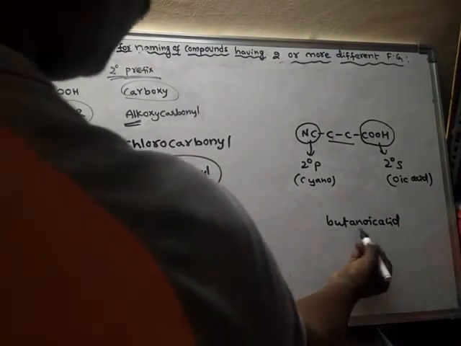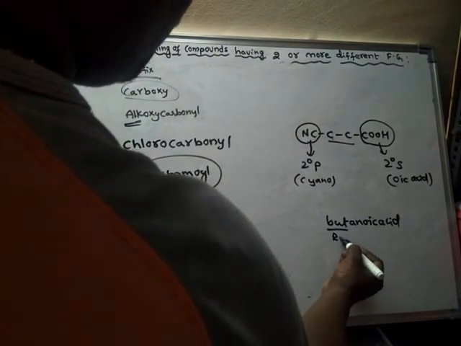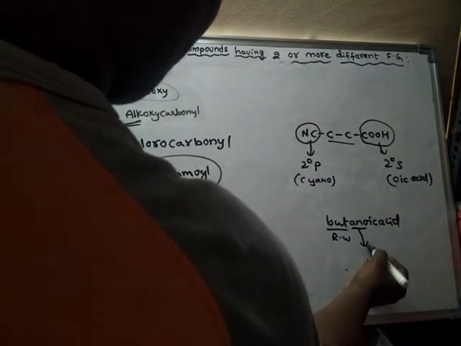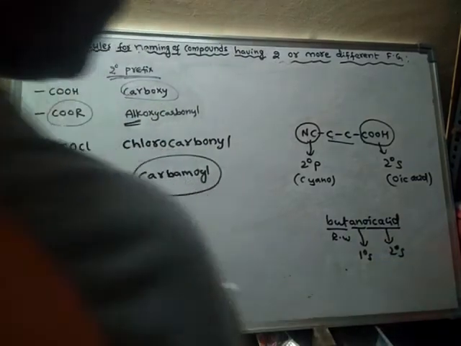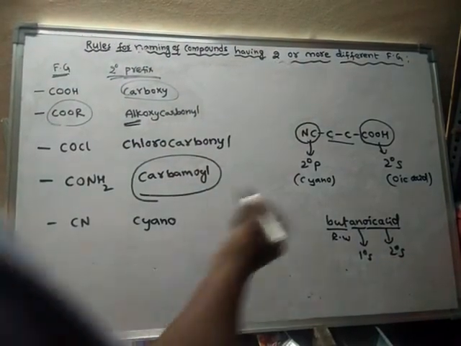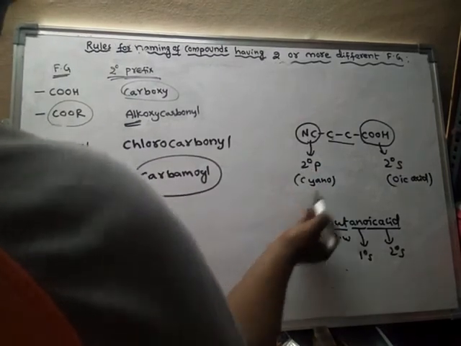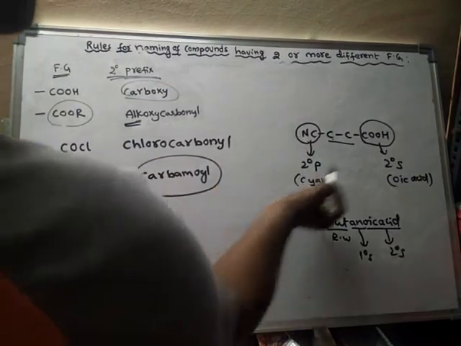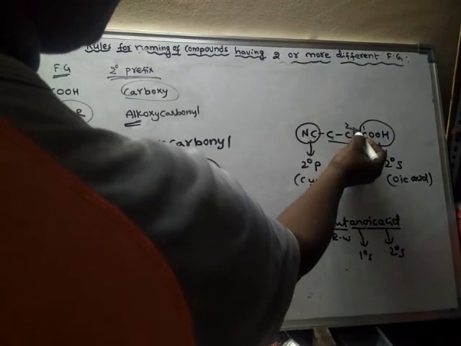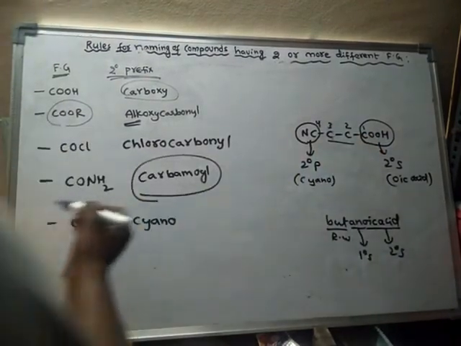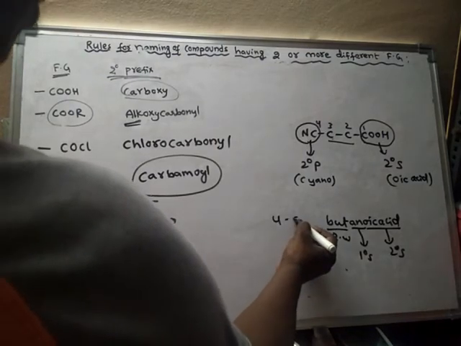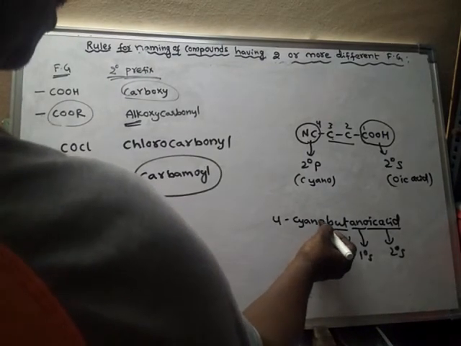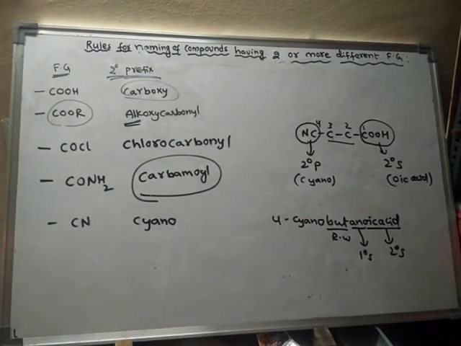So butanoic acid: 'but' is the root word, 'an' is the primary suffix, and oic acid is the secondary suffix. Here the secondary prefix is also there, cyano. On which carbon is the cyano present? This is the first carbon, second carbon, third carbon, and fourth carbon. So 4-cyanobutanoic acid is the name given to this compound.